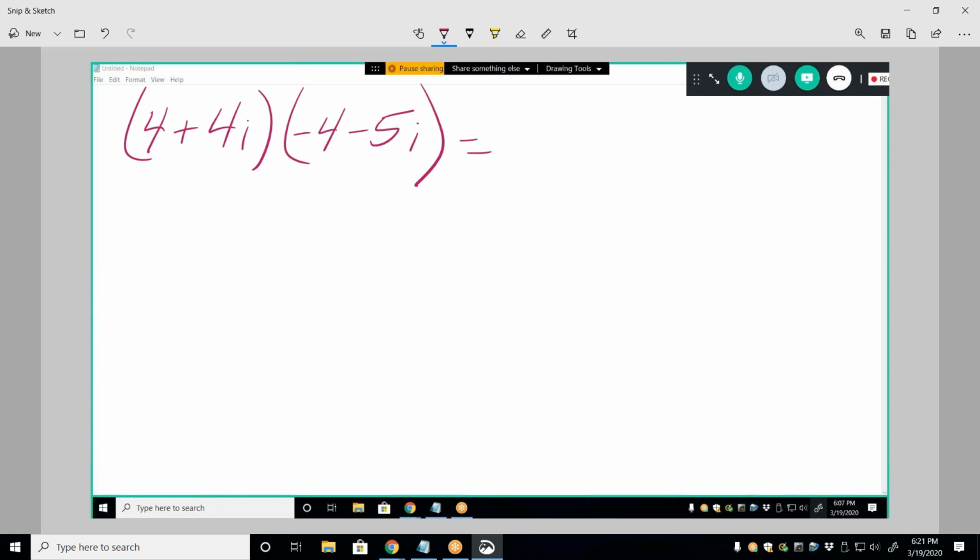So that's negative 16 minus 20i. The last term is going to be i squared.